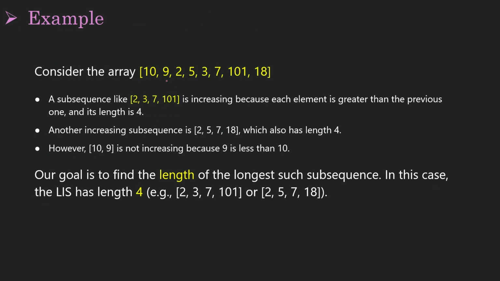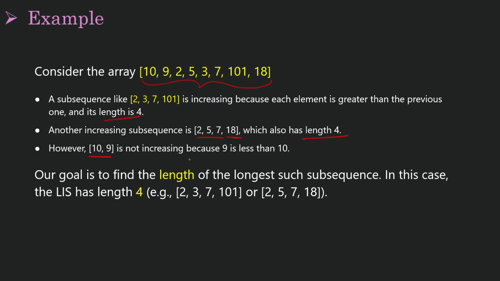For example, consider the array 10, 9, 2, 5, 3, 7, 101, 18. A subsequence like 2, 3, 7, 101 is increasing because each element is greater than the previous one, and its length is 4. Another increasing subsequence is 2, 5, 7, 18, which also has length 4.